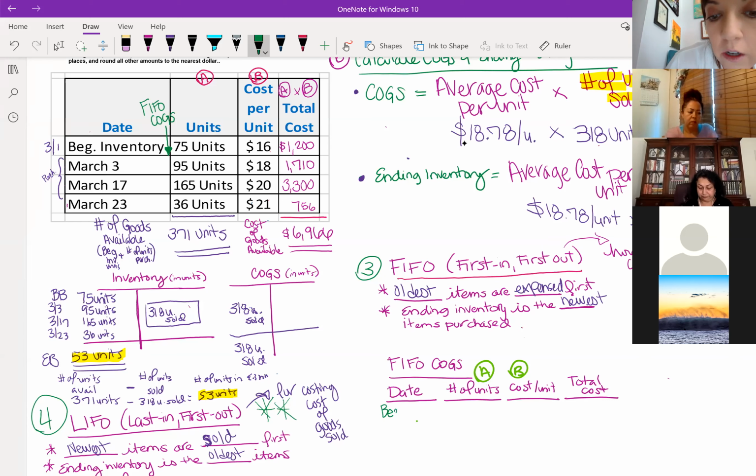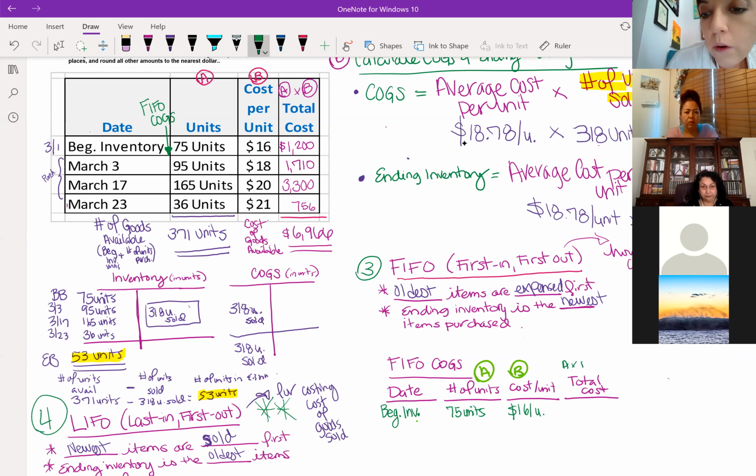With FIFO cost of goods sold, we always start with beginning inventory because it is the oldest items on hand. 75 units are in beginning inventory at a cost basis of $16 per unit.